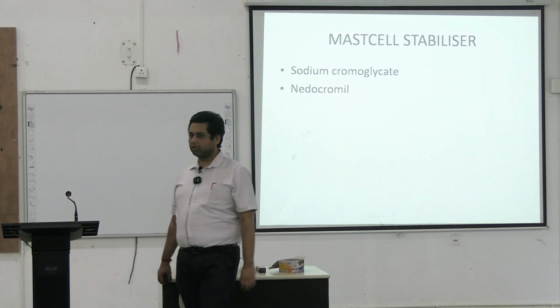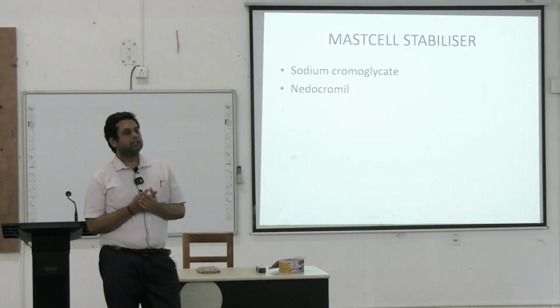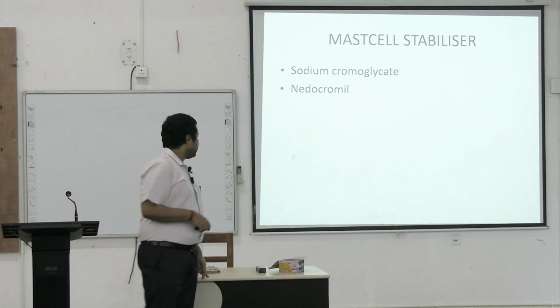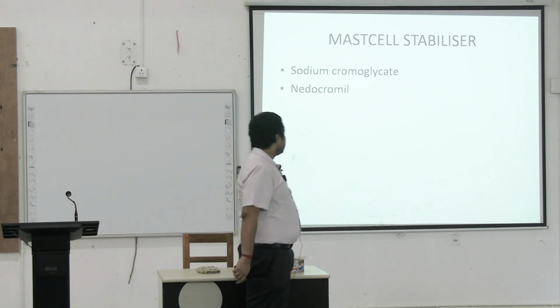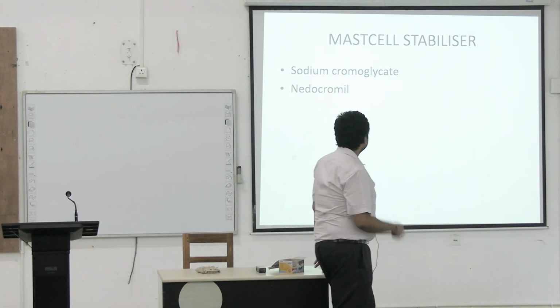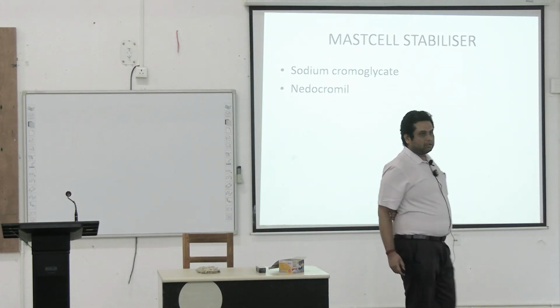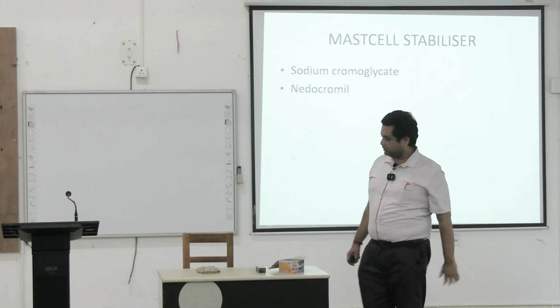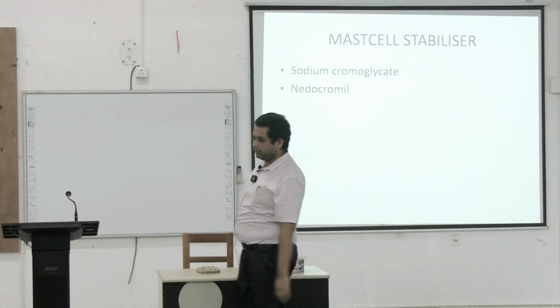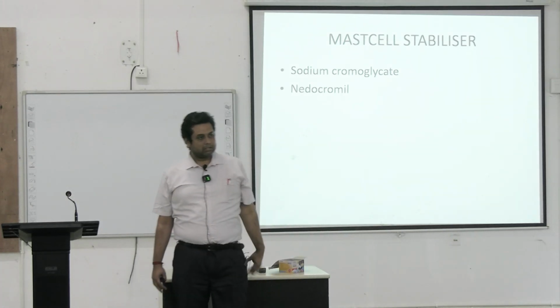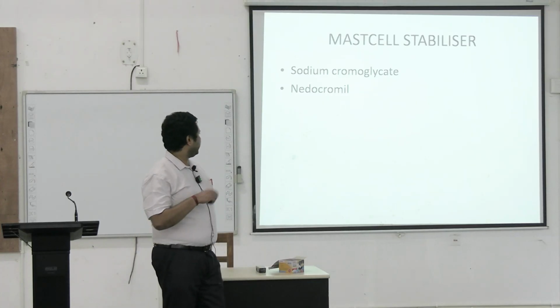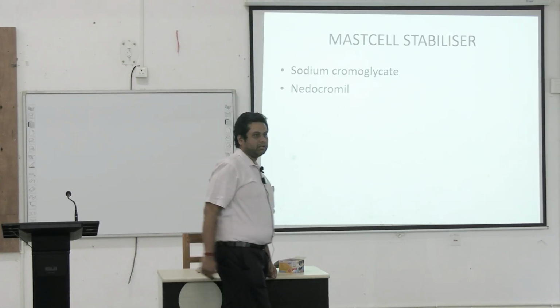So what does mast cell do? It leads to secretion of histamine. The names are sodium cromoglycate, nedocromil. Alright. So this year the examiner was asking to name some anti-asthmatic drugs, and the students started directly with cromoglycate.